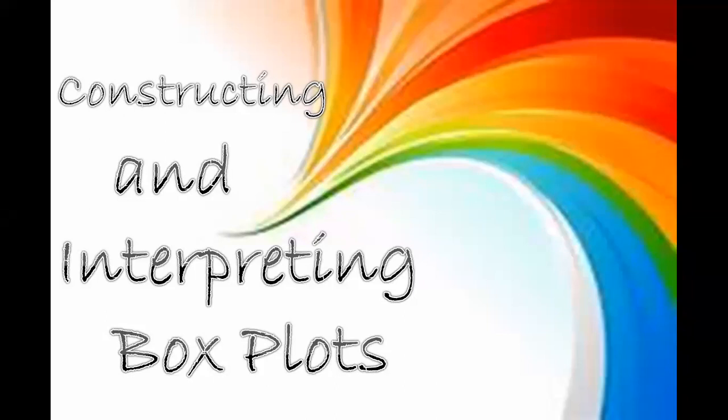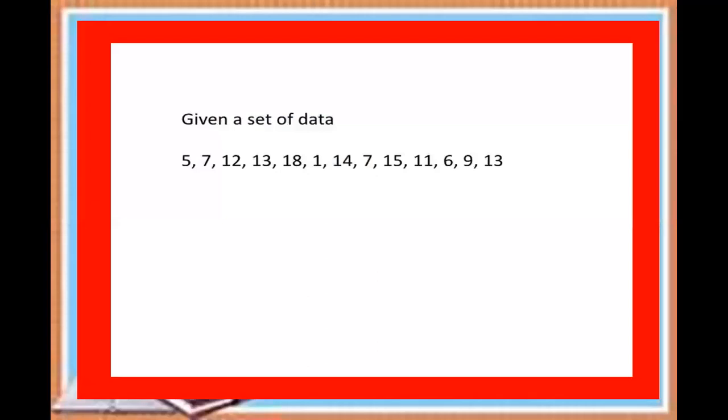Given a set of data: 5, 7, 12, 13, 18, 1, 14, 7, 15, 11, 6, 9, and 13. We said that before we get the median, we arrange it in order of magnitude from smallest to biggest.